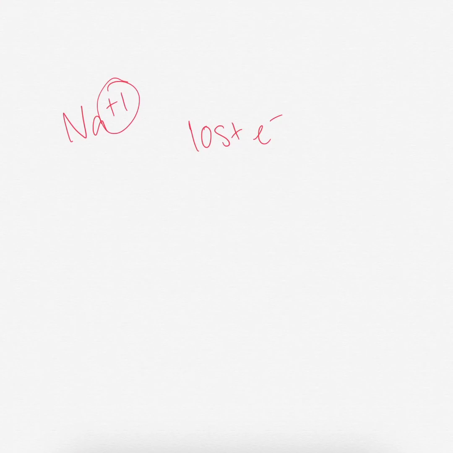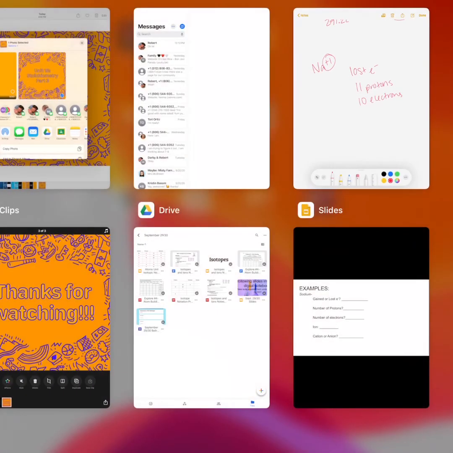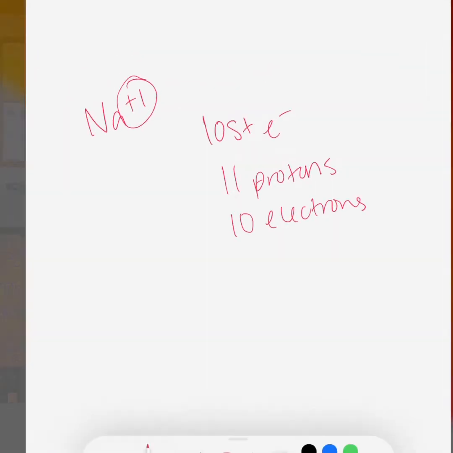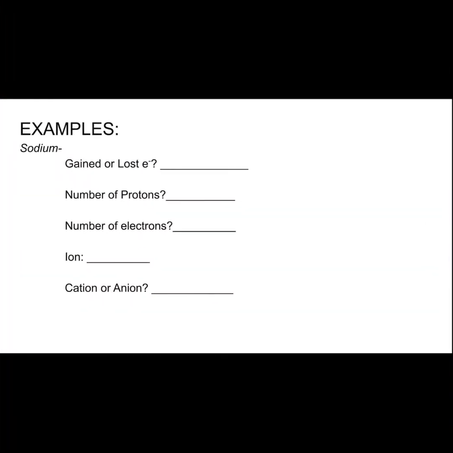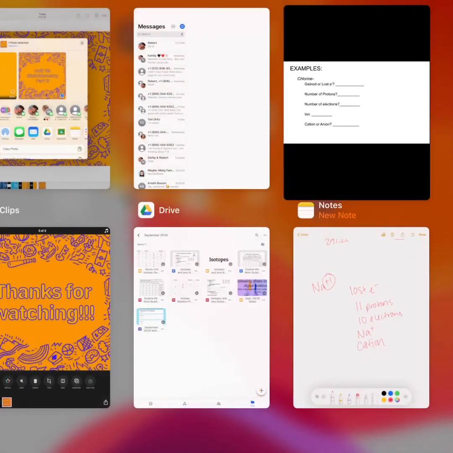Normally sodium has, let's see, 11 protons. Now, that would be the number of electrons, but I lost one, so I'm going to say 10 electrons. The ion would just be Na with a positive charge, and since it's positive, it's a cation. Okay, so you can fill those in on your paper.